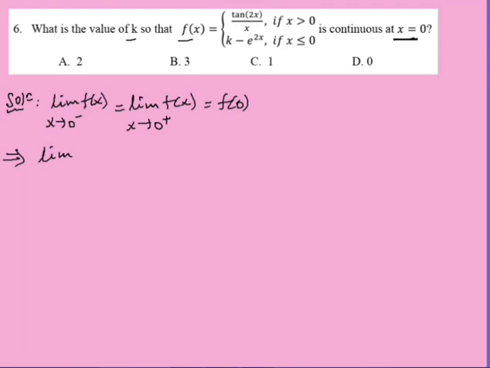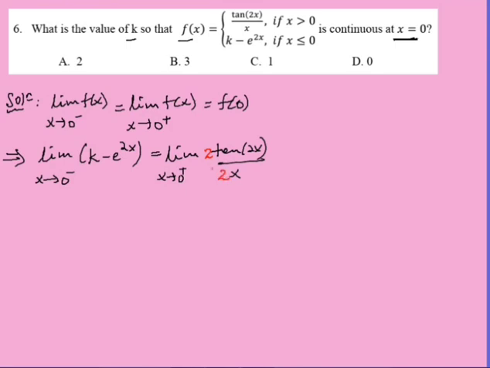The limit of the function from the left of 0 means I will take k minus e to the power of 2x as x approaches 0 from the left. This is the same as the limit of tan 2x over x as x approaches 0 from the right. Here, if I put 2 here, I can also put 2 here.